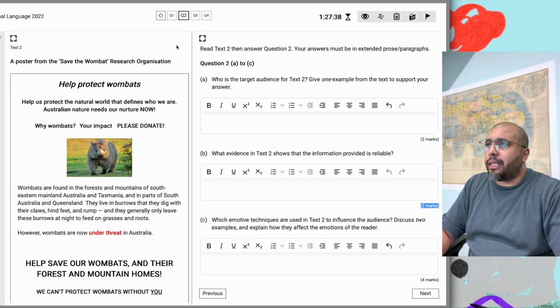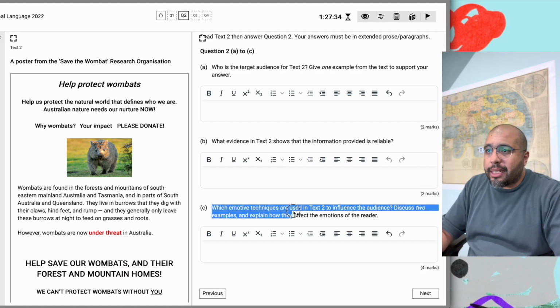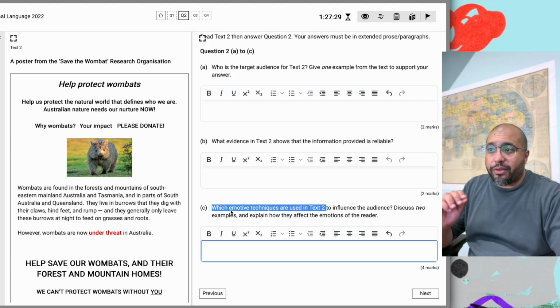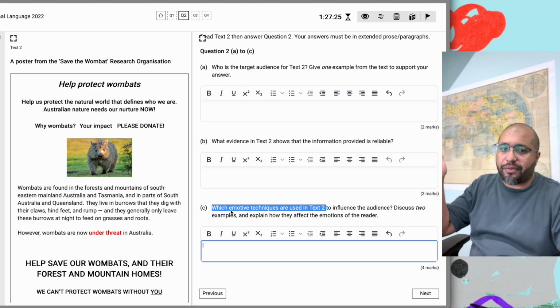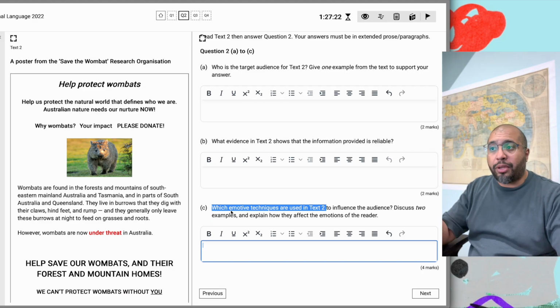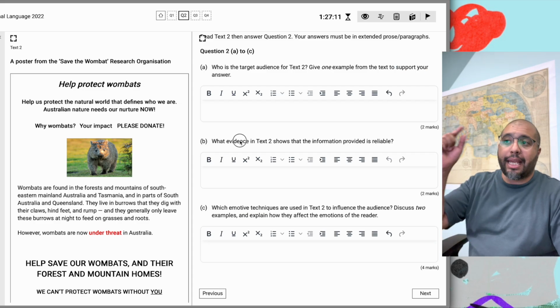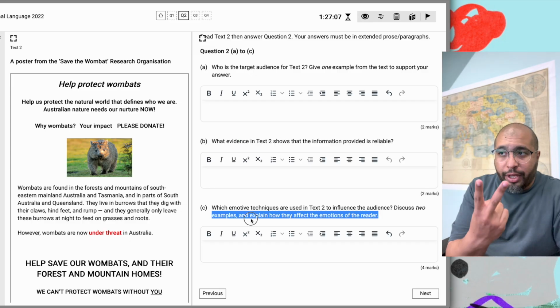And basically for question 2, this is it. Here, for example, we have: which emotive techniques are used in text 2? So when you give your responses, you have to focus on emotive techniques. You can't just write whatever persuasive technique you find, because if you do that, the examiners will know that you did not understand the question correctly. And in every question, they say, support your answer. What evidence in the text? Discuss 2 examples.